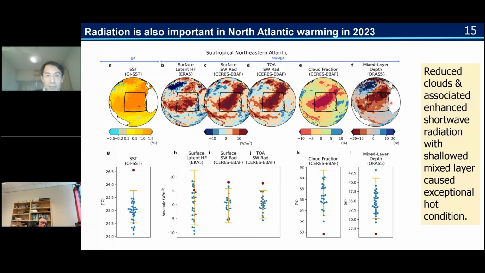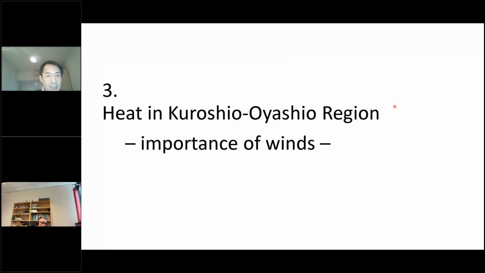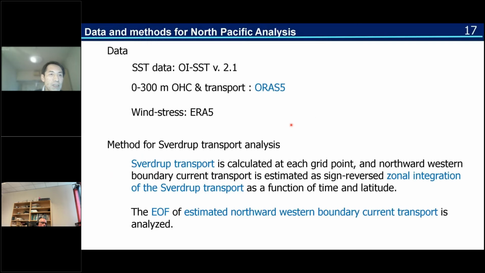The third part is heat in the Kuroshio-Oyashio region. In this part, we analyze the SST data, 0 to 300 meter ocean heat content and ocean transport of ORAS5, and wind stress of ERA5.